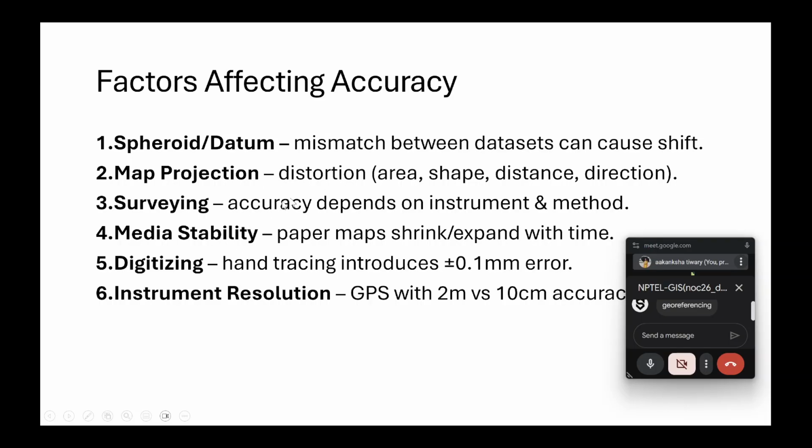Then while surveying, your instrument and method matter; you should always check which reference system the instrument is saving the location in. Then media stability: suppose you are using a paper map, all maps on paper can either shrink or expand, which can also give error, and you should georeference or correct it.